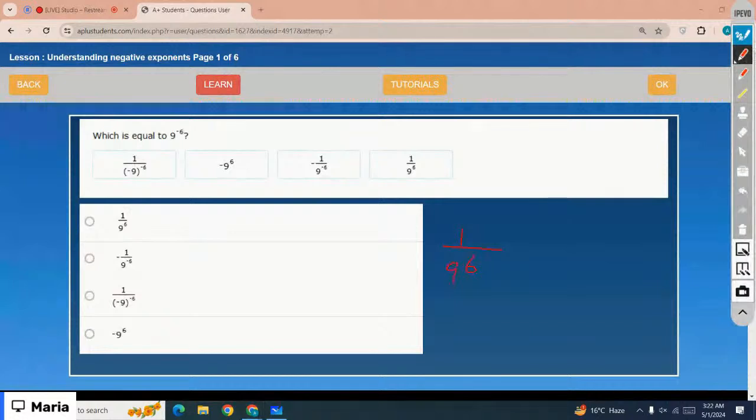The correct option is 1 over 9 exponent 6, because here the exponent is negative. You have to write it in the denominator by making the exponent positive. So option number 1 is the correct option. That would be 1 over 9 exponent 6. Got it?